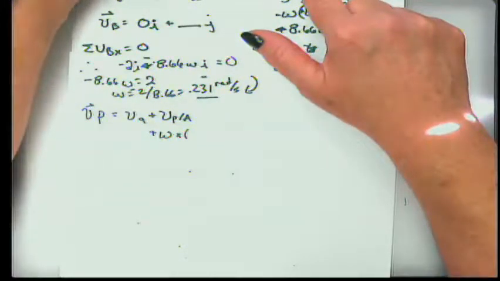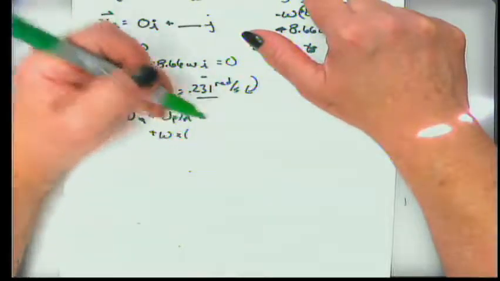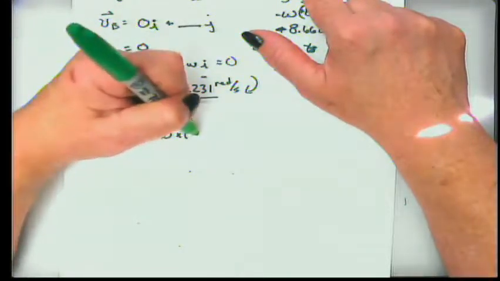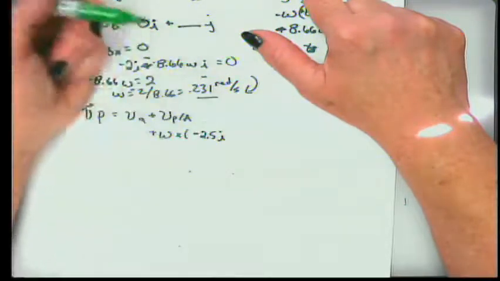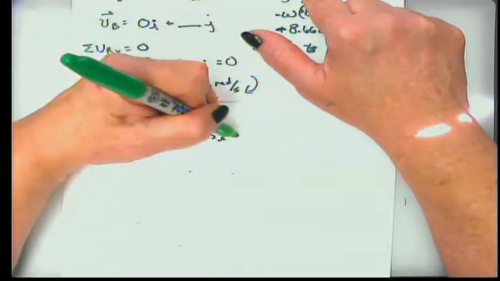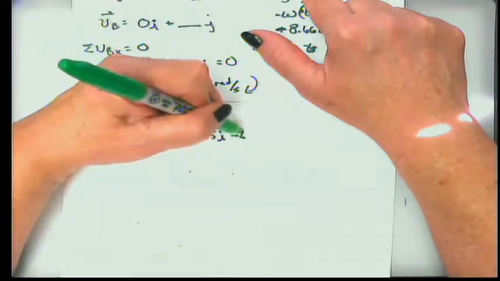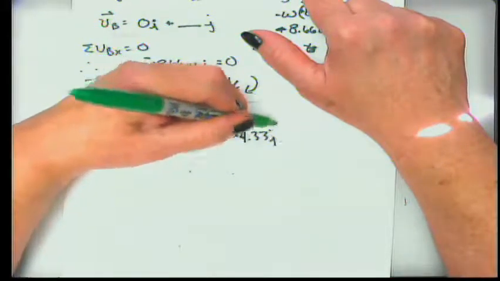B with respect to A, negative 5 in the x direction, and negative 4.33. So negative 2.5 I minus 4.33 J.